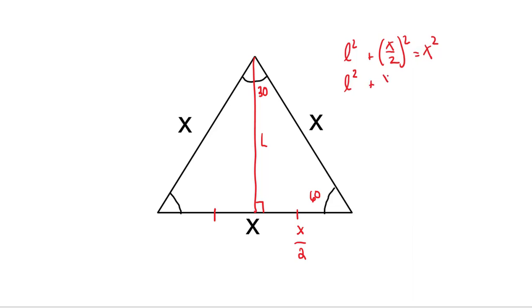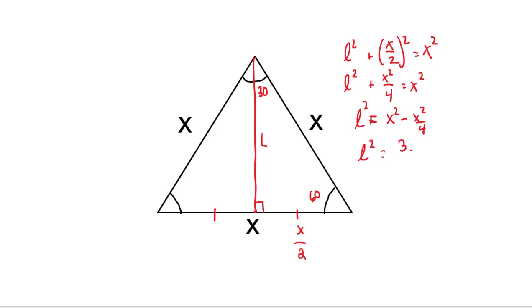So I have L squared plus x squared over 4 is equal to x squared. I subtract the x squared over 4 to the other side. So this is an equals here. X squared minus x squared over 4. So that's like 1 minus 1/4.